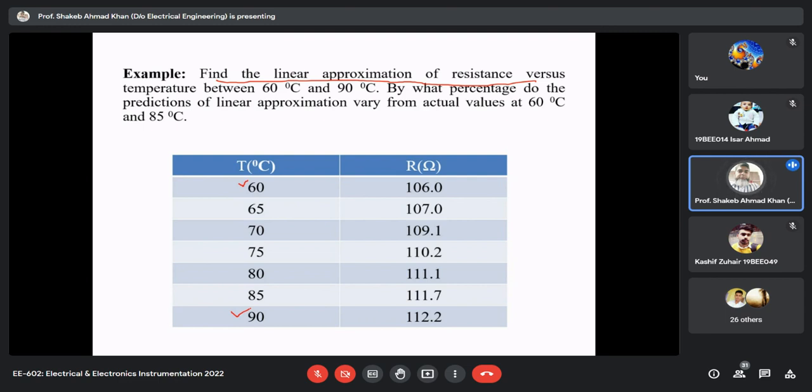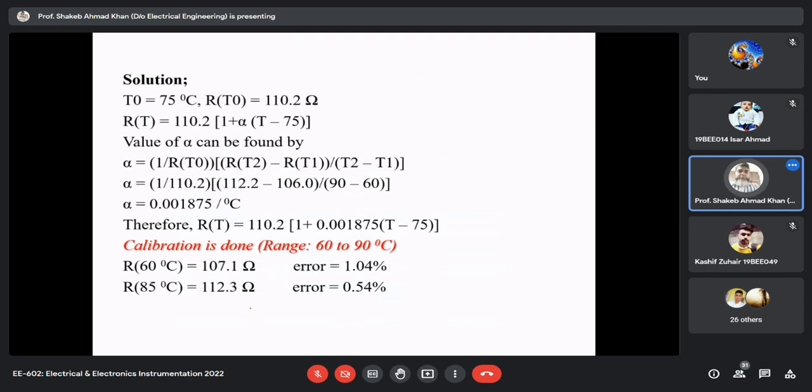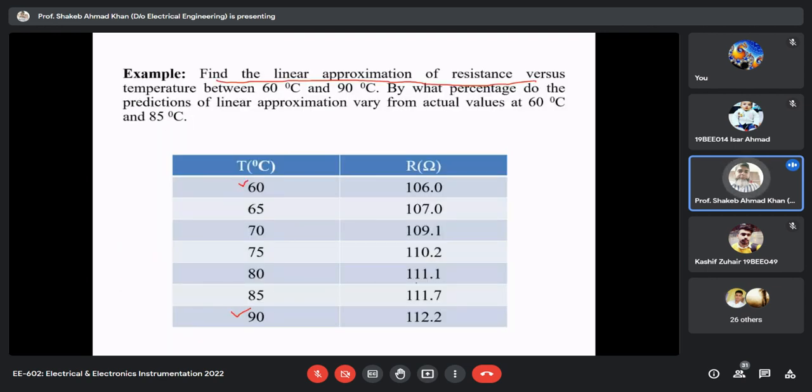So for this range, generally what is done is that we take the midpoint of the range. In this case, it is 75 degrees Celsius and the corresponding value. So we are taking it as T naught and R naught.